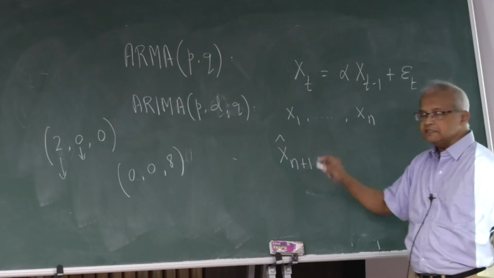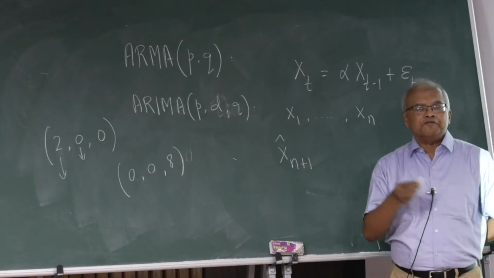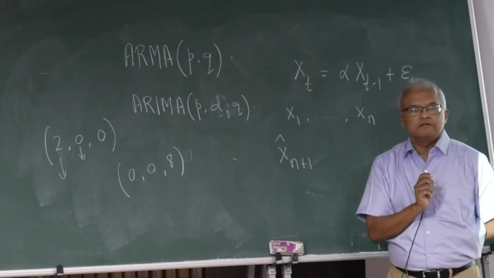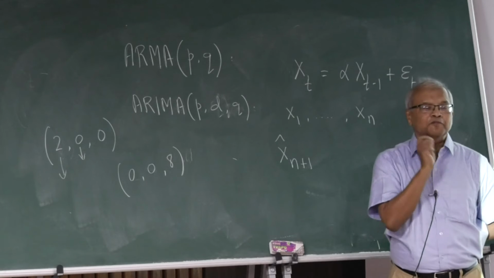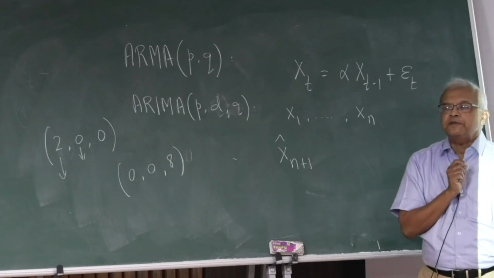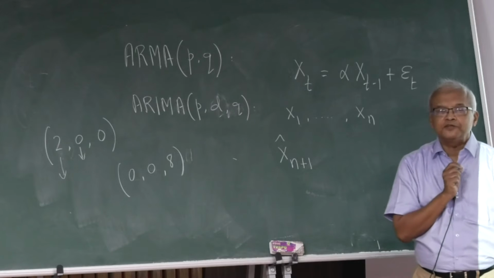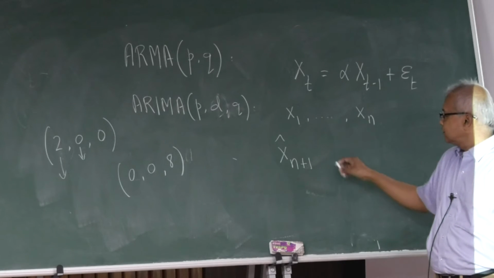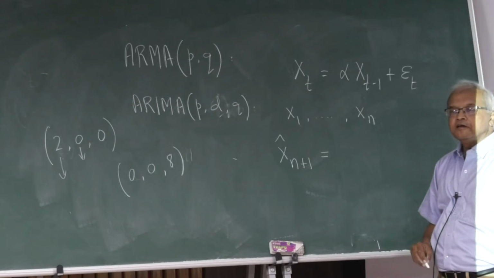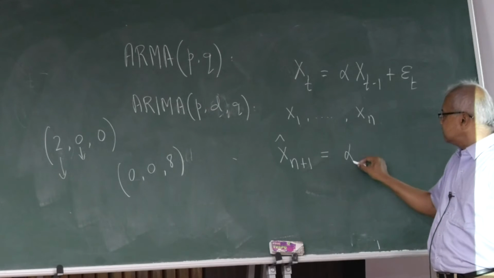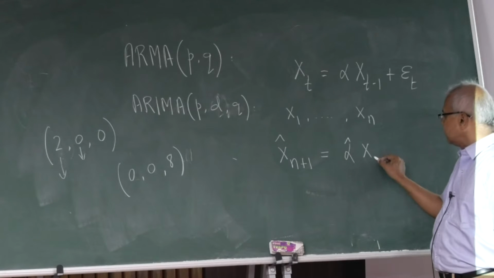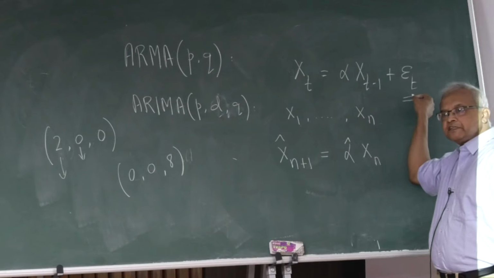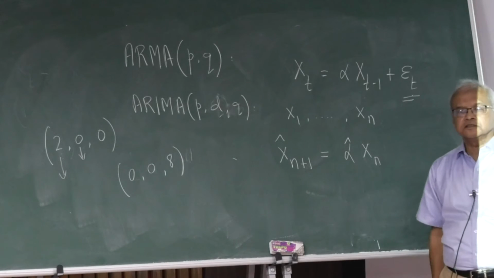I will put a hat because, so I have got data up to 2018. I fitted an AR1 model to the data. What is my 2019 value? Yes? Alpha hat xn. I can't predict this, this is random. So on the average this is 0, so I will predict this.